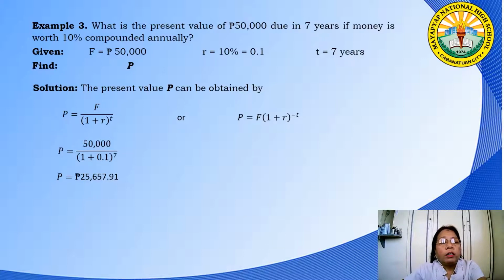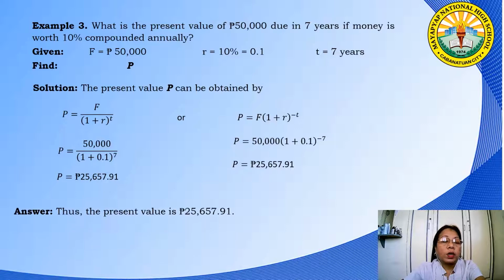Or using the alternative formula, P equals F times quantity 1 plus R raised to negative T, where P is 50,000 multiplied by 1 plus 0.1 raised to negative 7. P is also equal to 25,657.91. So thus, the present value is 25,657.91.